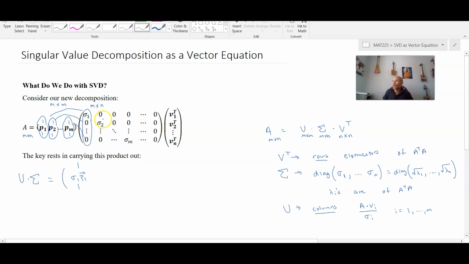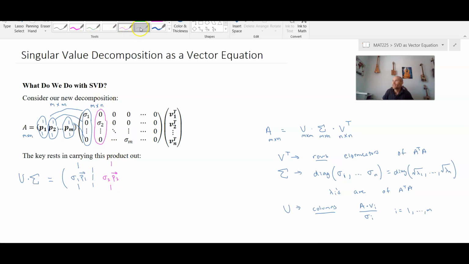When I repeat this for the second column, the only non-zero element will be in the second row, and that will scale P2. So that will give me sigma 2 times P2.